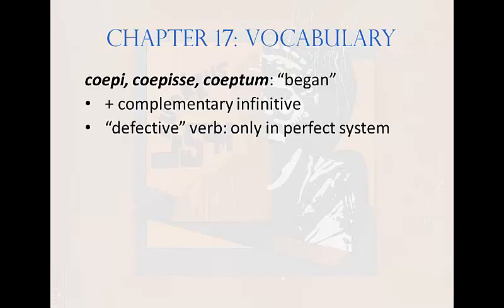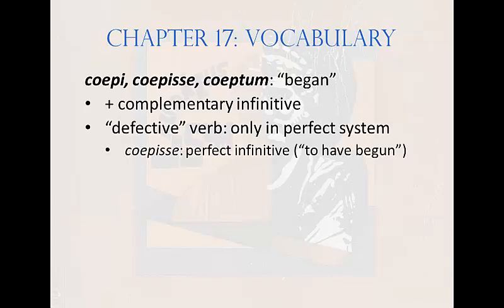The technical term for this type of verb is defective. The coepisse, the second principal part, is the perfect infinitive, meaning to have begun. You don't know that form yet, but we have to supply an infinitive, well, because that's what we always do with verbs. So here is a little glance ahead to a form you haven't learned yet and don't need to know yet. So, except for memorization purposes, you can ignore this form.